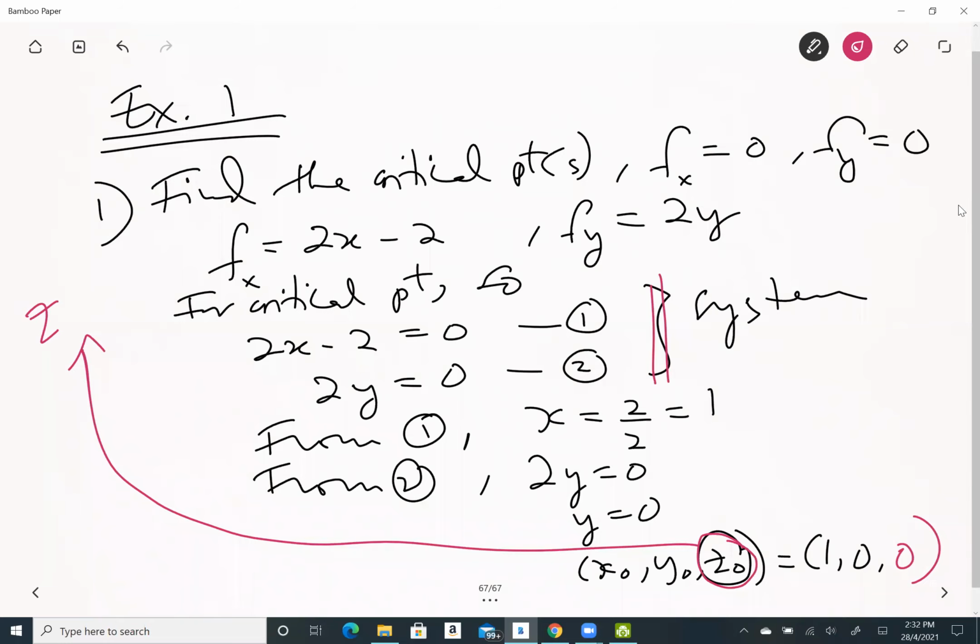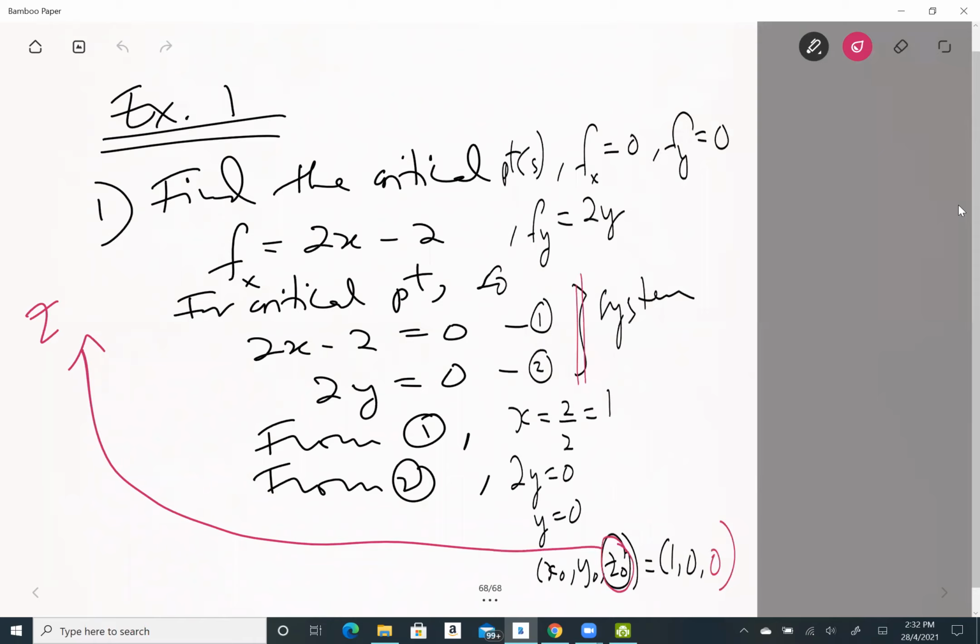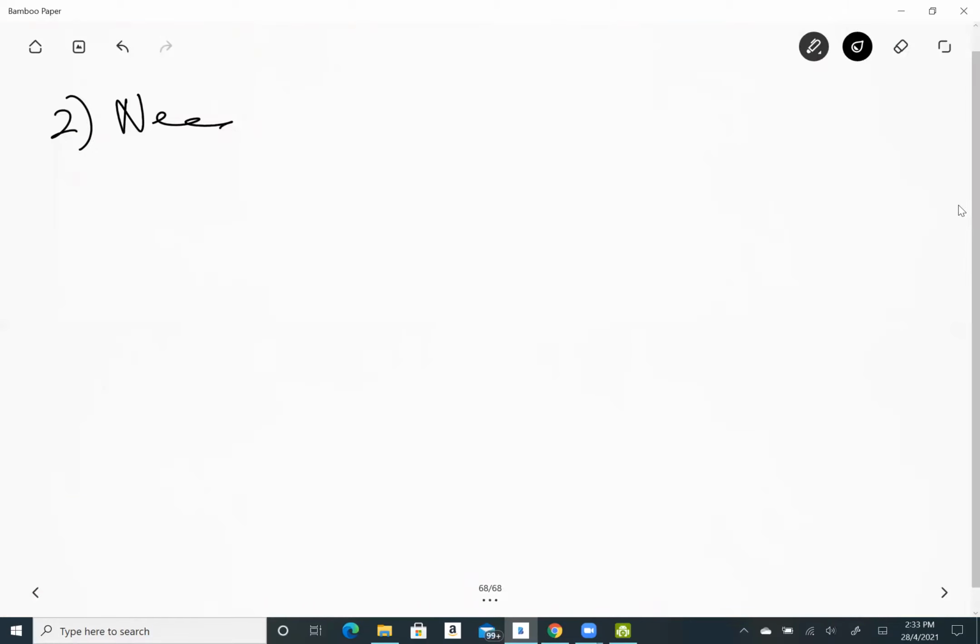Now, secondly, we take the second partials. So you know that d is equal to fxx, fyy minus fxy squared. So what you need here is fxx, fyy. When you do this problem, you don't have to write this out. I just want to write it so that we know the step. You just find it.